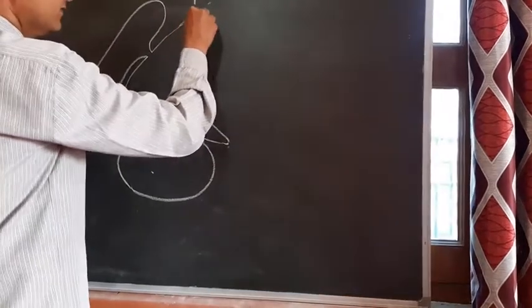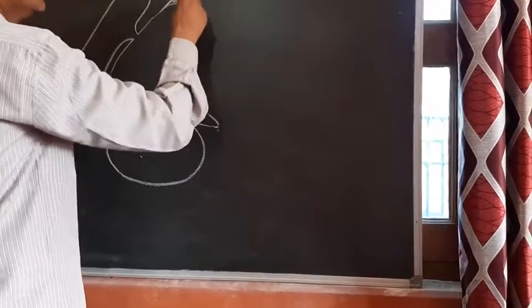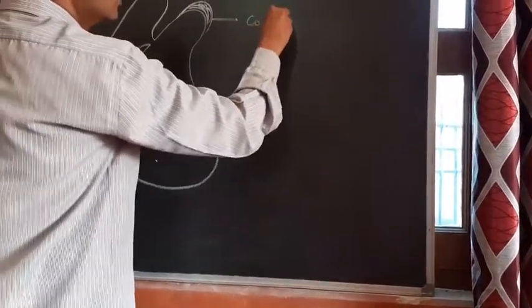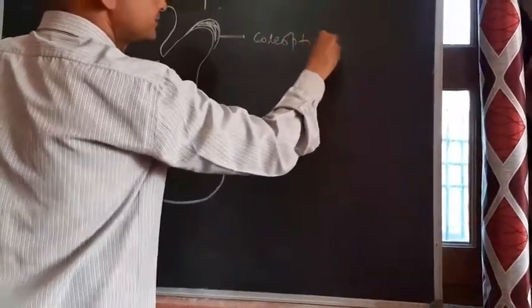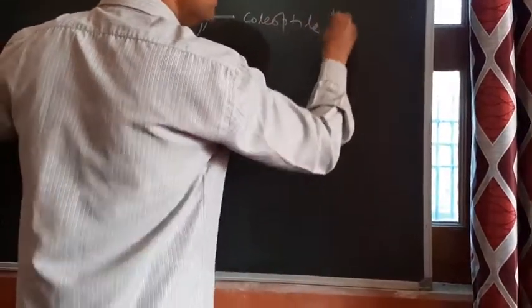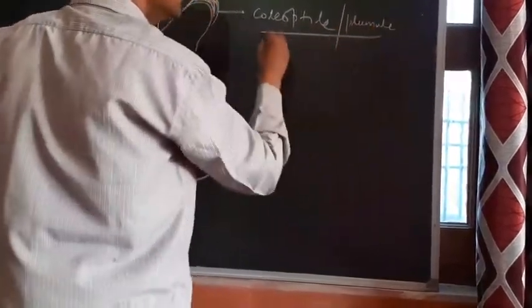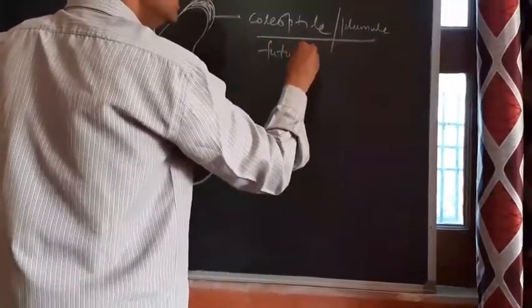This end, which is actually the plumule end, will be covered by a sheath, and this will be called the coleoptile, which is actually the plumule part, and it is the future shoot.